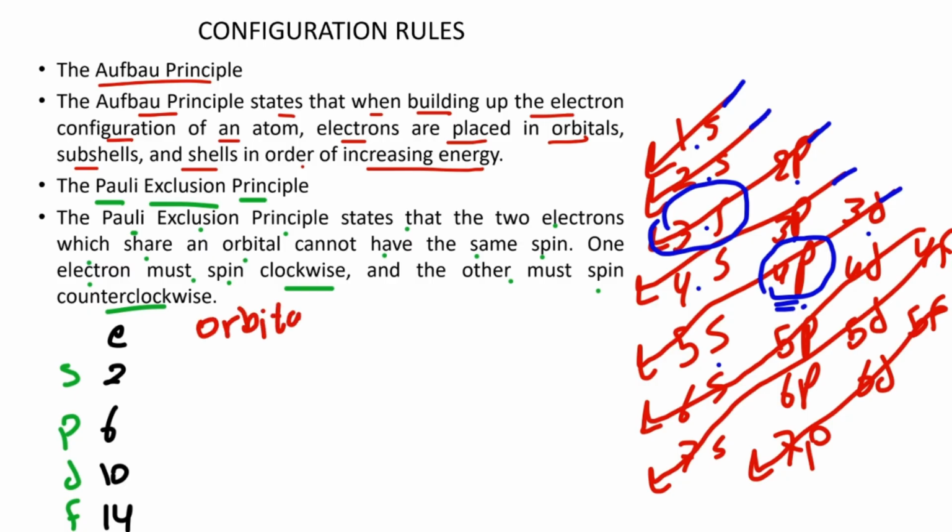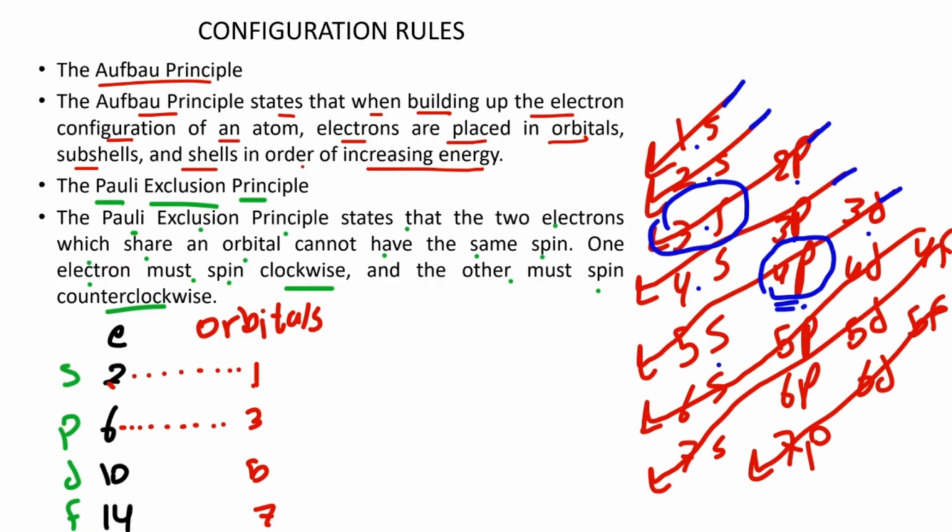The s can only hold one orbital, the p 3, the d 5, and the f 7. Where do these numbers come from? Each orbital can only hold 2 electrons. So if the s can hold 2 electrons, this means it has one orbital. If it can hold 6 electrons, this means it has 3 orbitals, etc.